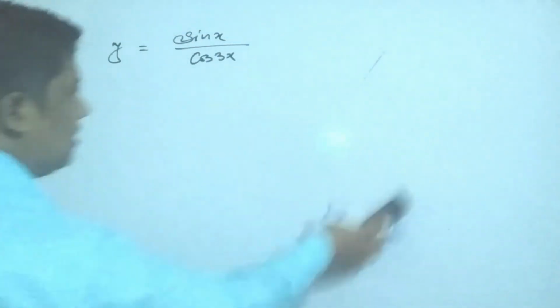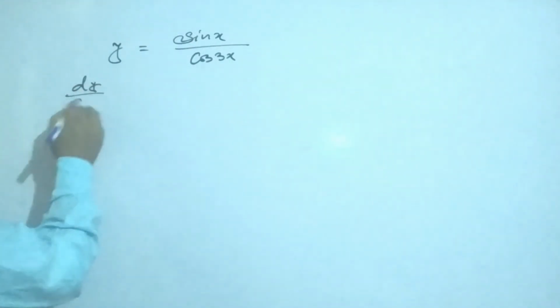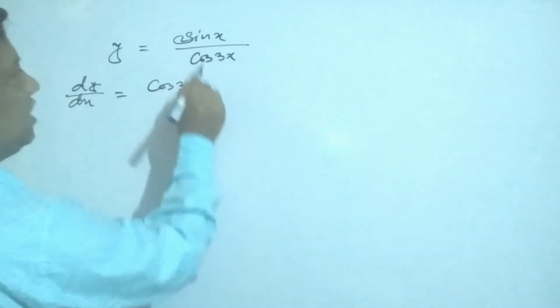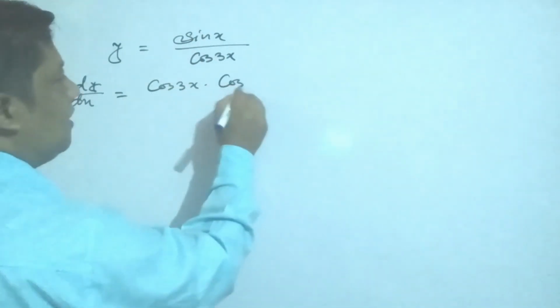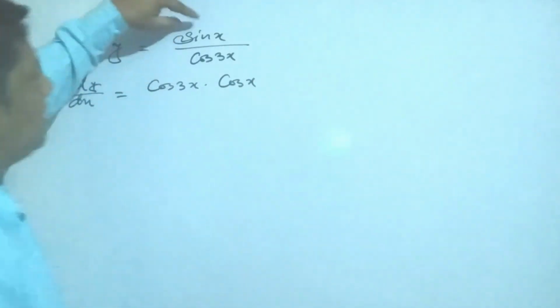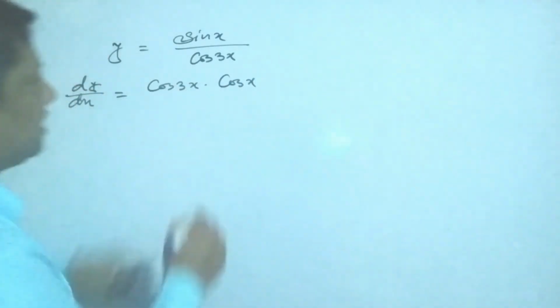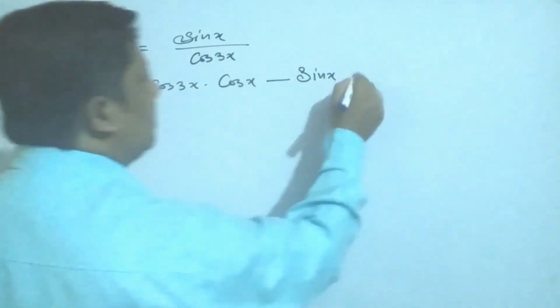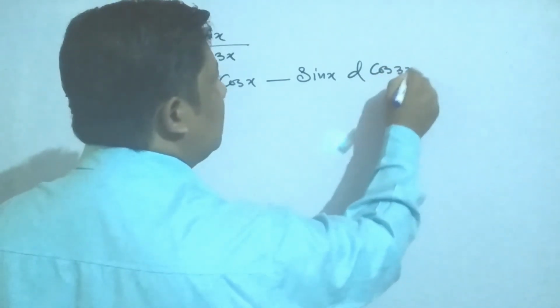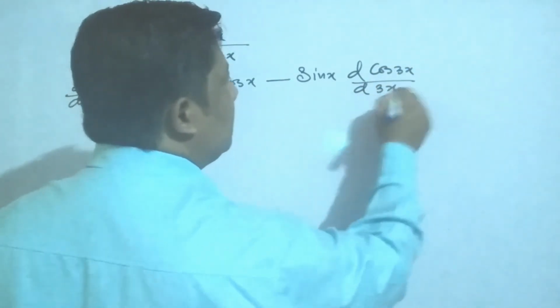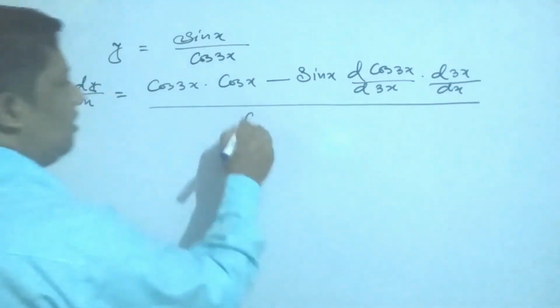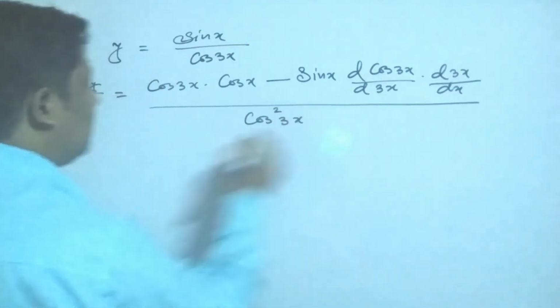So differentiating using the u upon v form, dy upon dx equals, numerator you leave, differentiation of the denominator part, you get cos 3x, times differentiation of sin x, you get cos x, minus again the upper part you leave, and you differentiate the cos 3x, upon cos 3x into d(3x) upon dx, all upon cos square 3x.